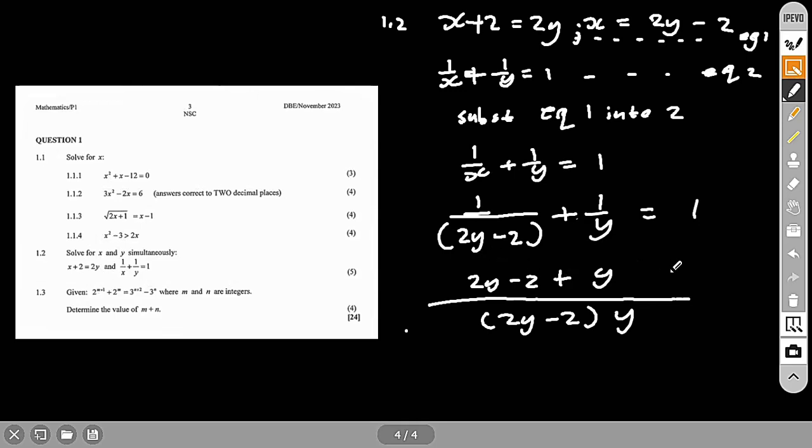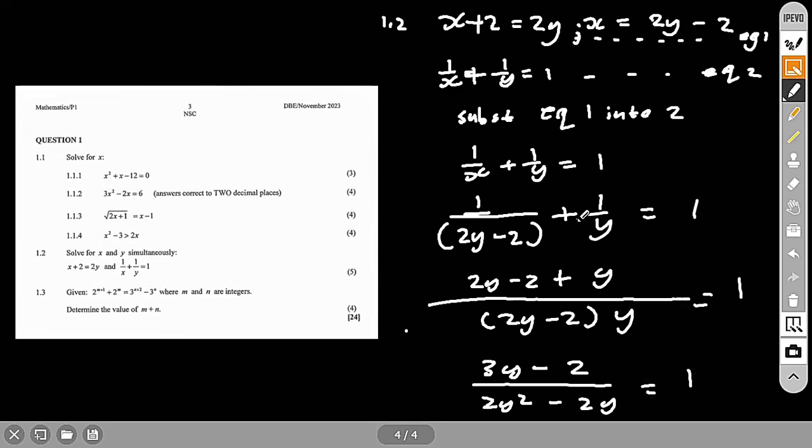So yeah, now I've dealt with that, but now I don't have space, guys, but I'll make a plan. So there's a common term there, so you can just add them. It's 3y minus 2, remember it's equals to 1, over, and we can just times this, is 2y squared minus 2y equals to 1.